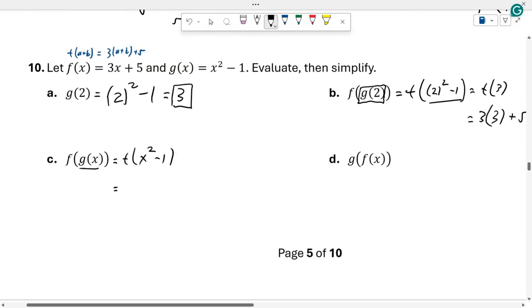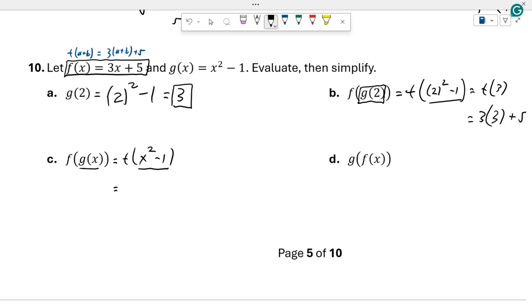So when you have something like f of x squared minus 1, well, x squared minus 1 is your input, and the rule tells you what to do with your input. The rule says take your entire input, whatever it is, multiply by 3, and then add 5. So what I'm going to do is when I evaluate this, I'm going to evaluate f, and everywhere I see an x in this equation, right?